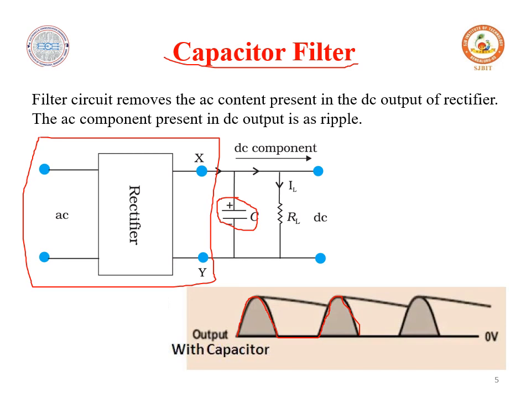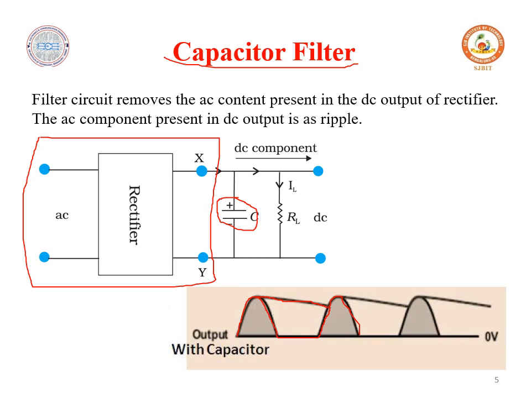When we consider the capacitor filter, the capacitor charges to the maximum value once the diode is in forward bias. Then in the negative half cycle the output is 0, so the capacitor starts discharging until it gets the next voltage in the next cycle.